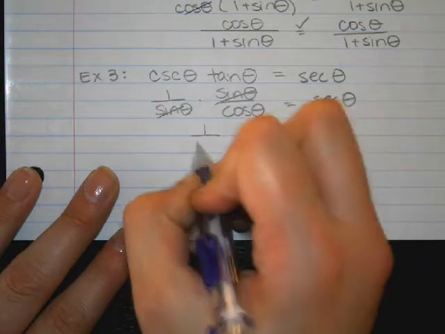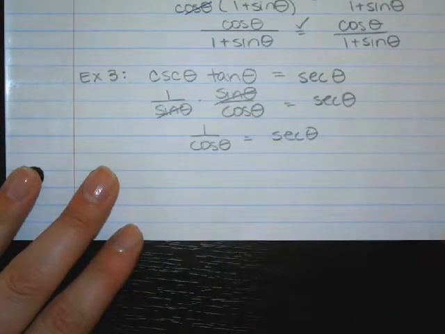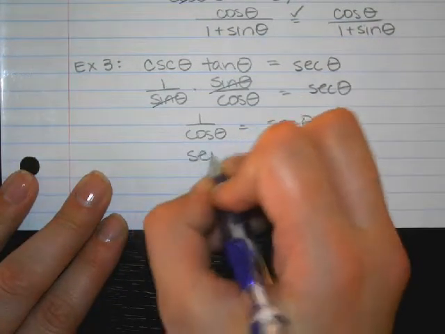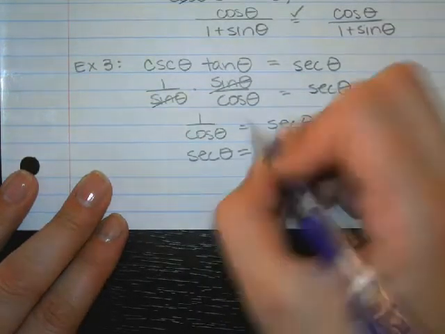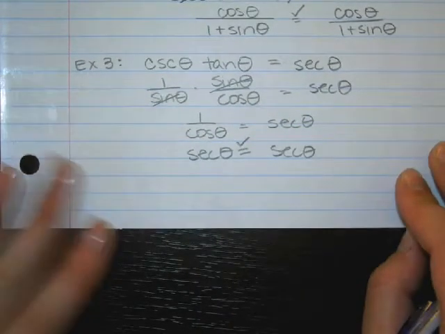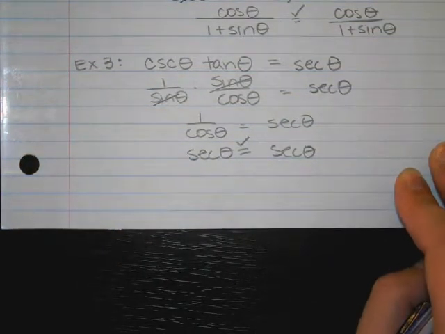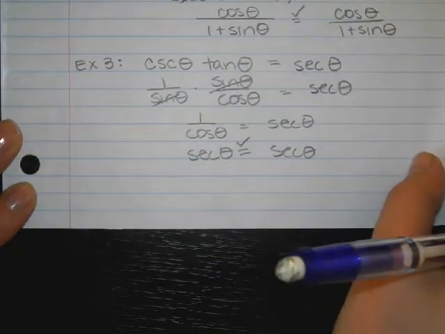So we have 1 over cos, which is secant. And so secant equals secant. So that one was really simple, right? They're not always really simple, but that one was really simple. Okay. All right.